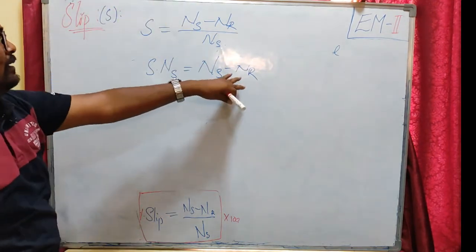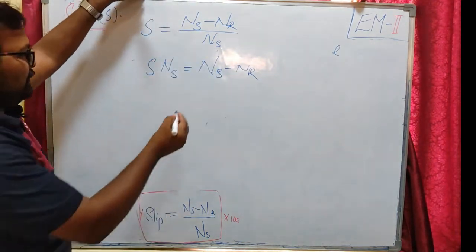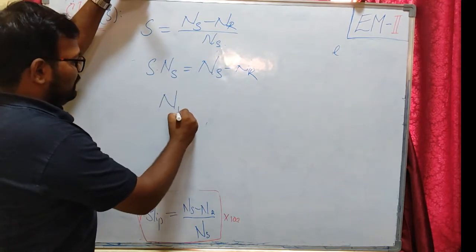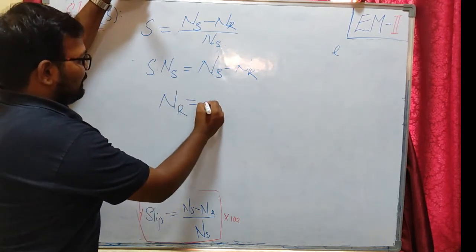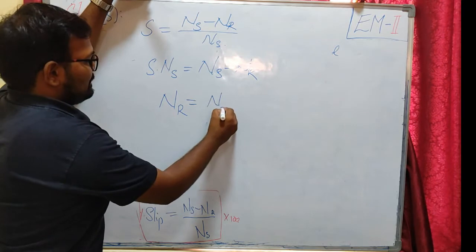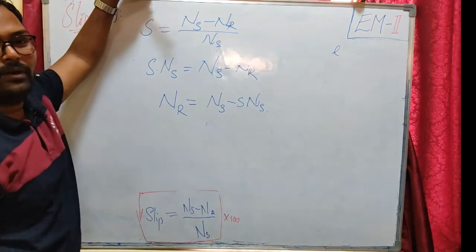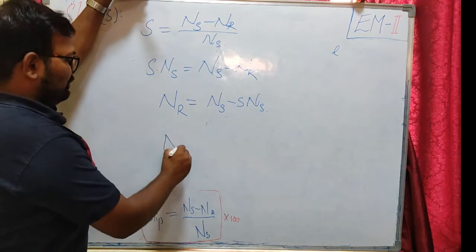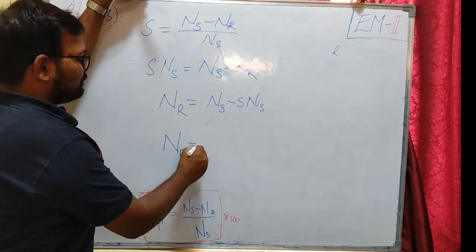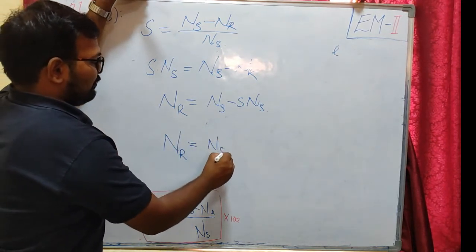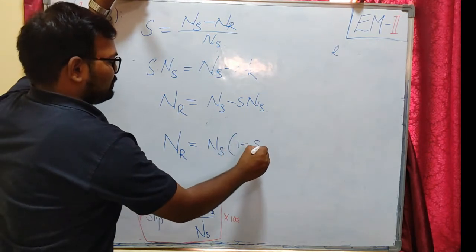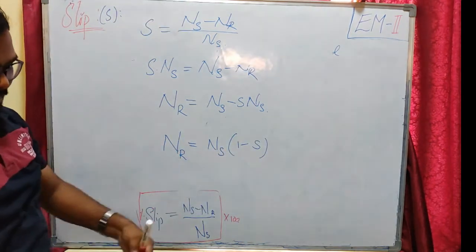Now I am keeping nr here and taking this s ns to this side. Now this nr will be ns minus s ns.